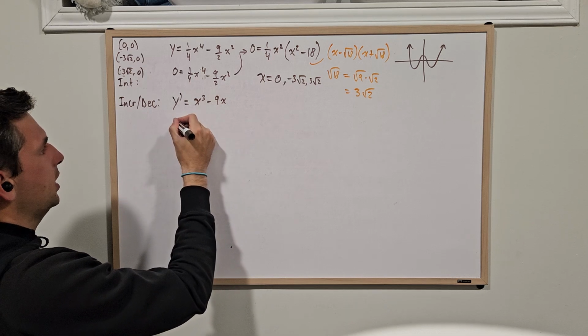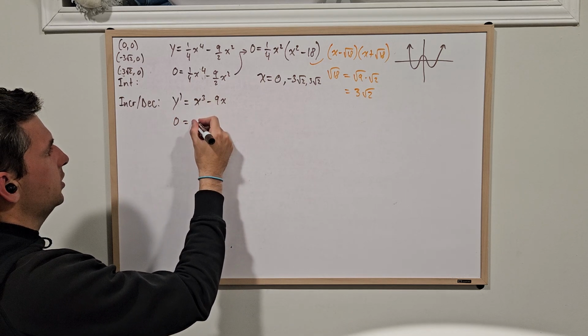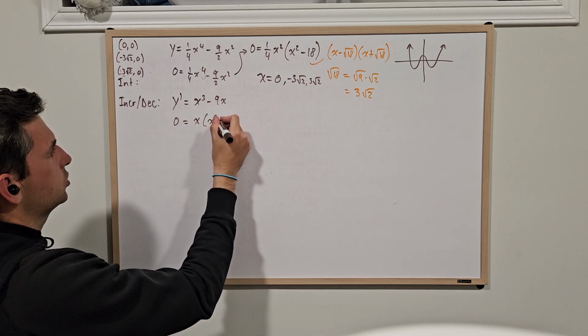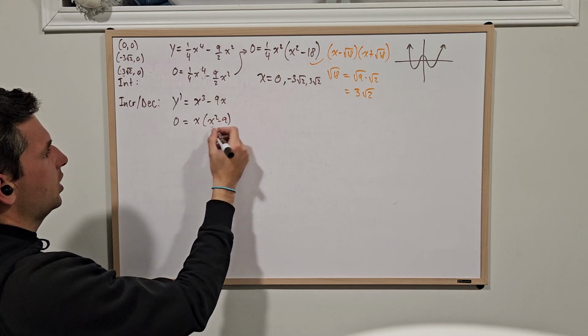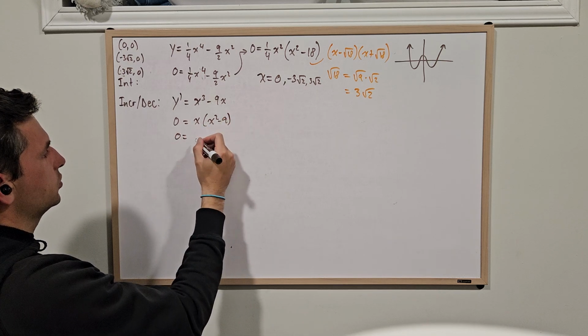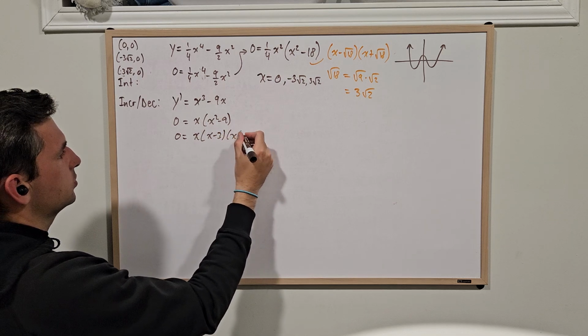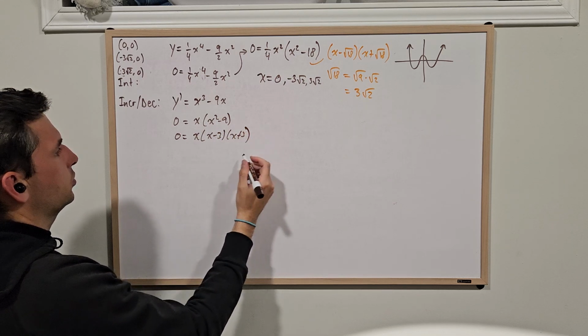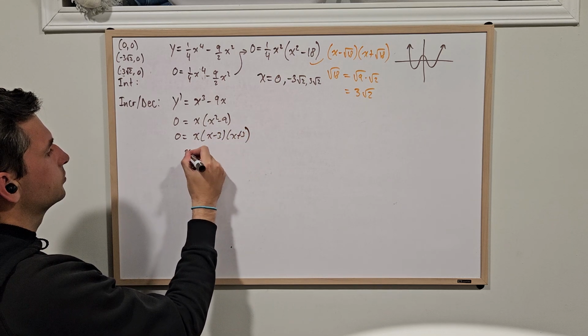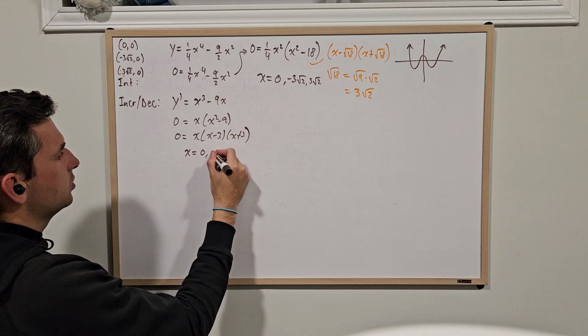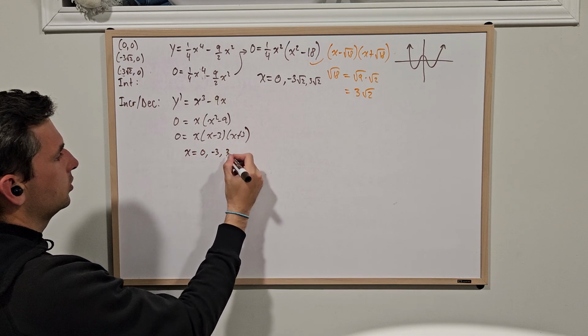Setting that equal to 0, we're going to factor out an x, and we're going to have x squared minus 9. This time we have a very nice difference of squares over here. We're going to have x minus 3 and x plus 3. So our x values are going to be 0, negative 3, positive 3.